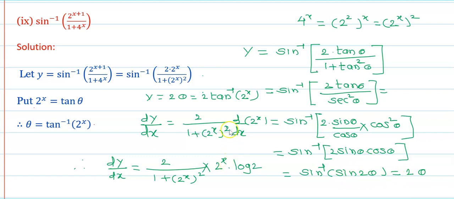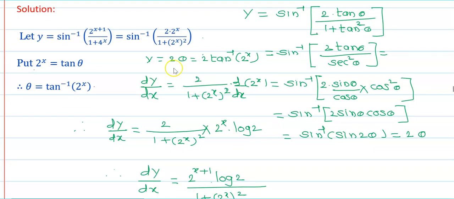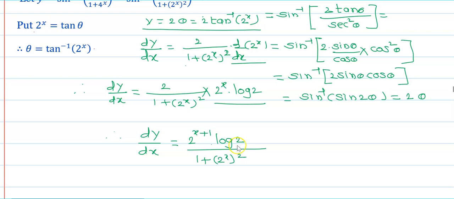Substitute the value of theta: y equals 2 tan inverse of 2^x. Differentiate this with respect to x. Therefore, dy by dx equals 2 times the derivative of tan inverse of 2^x, which is 1 upon (1 plus 2^x) squared into d/dx of 2^x, which is 2^x into log 2. 2^x into 2 means 2^(x+1) into log 2 upon (1 plus 2^x) squared.